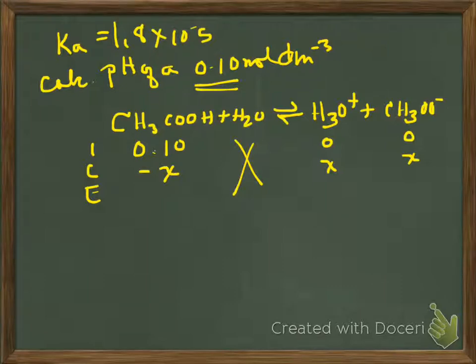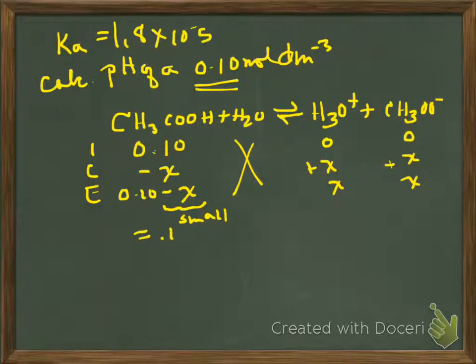Okay, so at equilibrium, we will have 0.1 minus x, and x, and these should have been plus x, because it's shifting that way. Because our Ka is 10 to the negative 5, we're going to assume that x is small compared to the 0.1. So at equilibrium, the concentration of the molecular acid is 0.1.